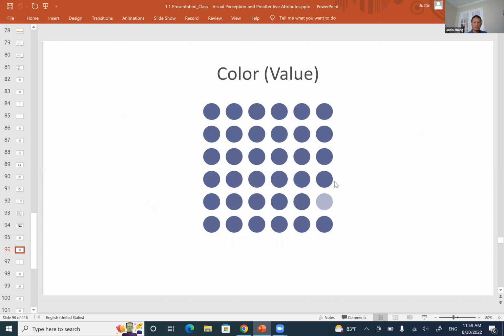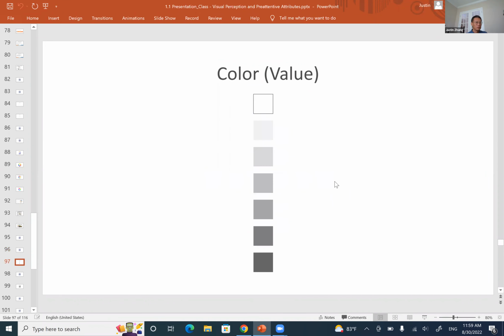In terms of color, the value can be changed to encode quantitative value. For example, in this figure, it can be changed to reflect the difference of individual unit from all the other units. So color can change its values in terms of its intensity.